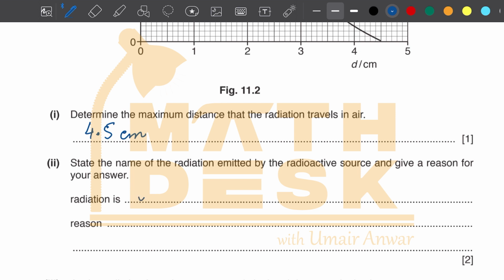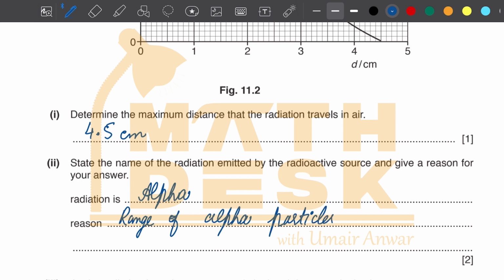So it is obvious that the radiation emitted here would be alpha radiations or alpha particles, and the reason is that the range of alpha particles is less than 5 to 7 centimeters in air.